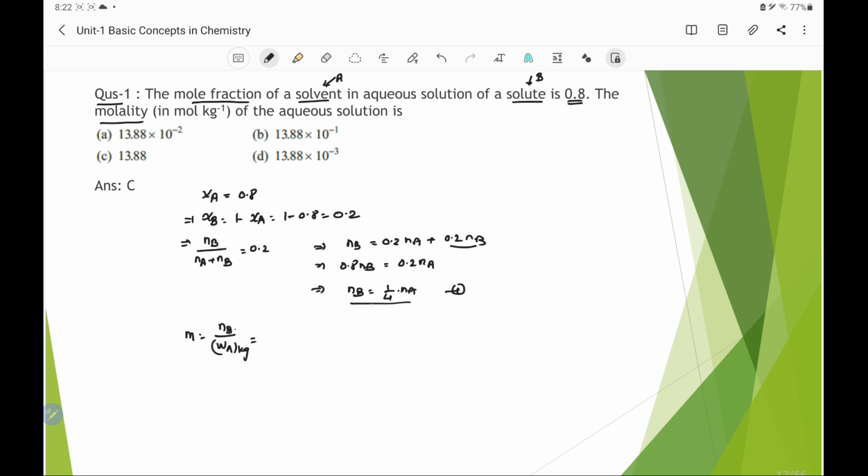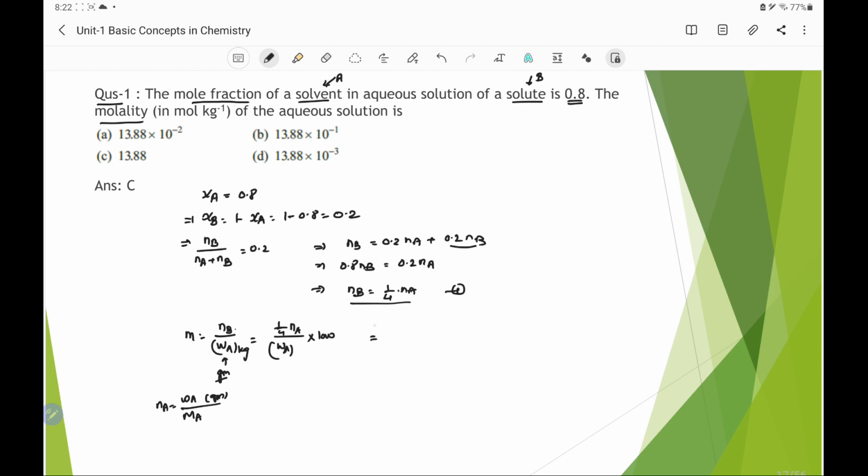In this question, we have calculated that the number of moles of the solute is 1/4 of the number of moles of solvent, divided by Wa, which is in gram, so we have to divide it by 1000 to convert into kilogram. And Na, the number of moles of the solvent, is equal to the mass of the solvent in gram divided by the molecular weight of the solvent.